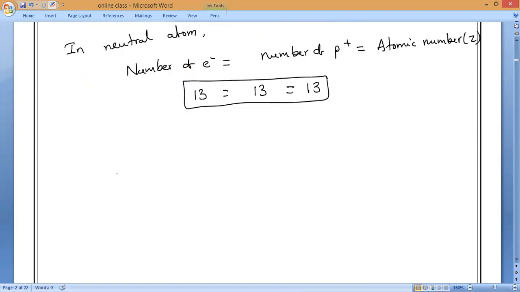Now, at last, the number of neutrons. What is the formula? I told you so many times. The number of neutrons is equal to mass number minus atomic number.